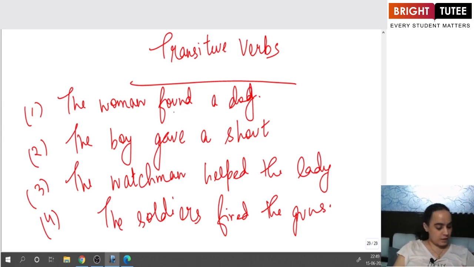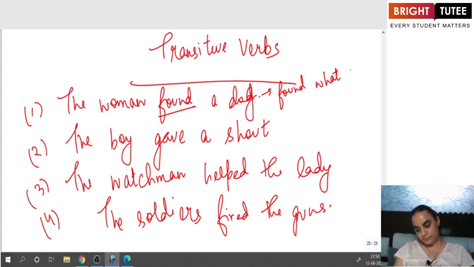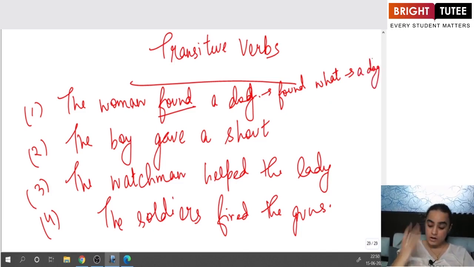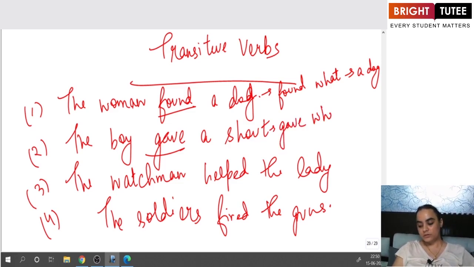The woman found a dog. What is the verb? Found. Ask the question: found what? Are you getting an answer? Yes, I am. And the answer is a dog. The boy gave a shout. What is the verb? Gave. Ask the question: gave what? What did the boy give?